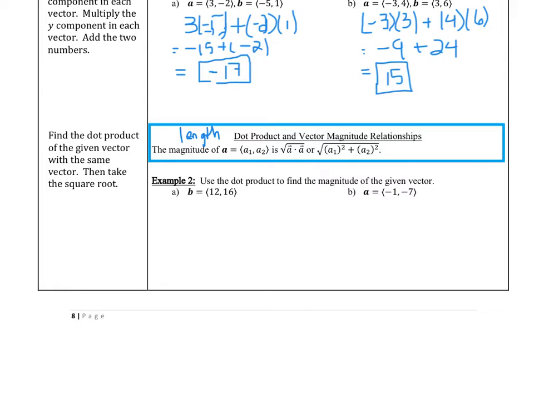So to get the magnitude or the length of our vector b, we would square our 12, so our x-coordinate, and then square the 16, the y-coordinate, add them, and then square root. Remember, this is our component vector when we're given b as a vector 12, 16.